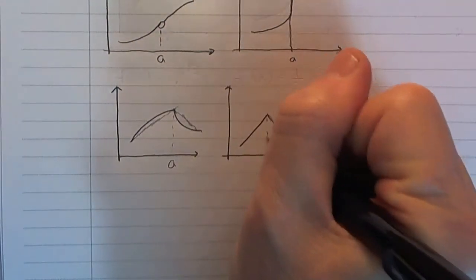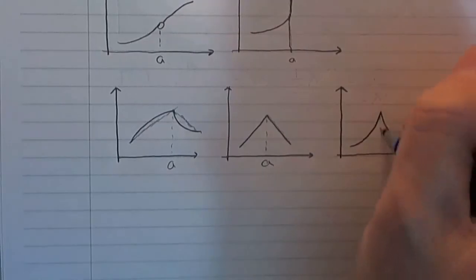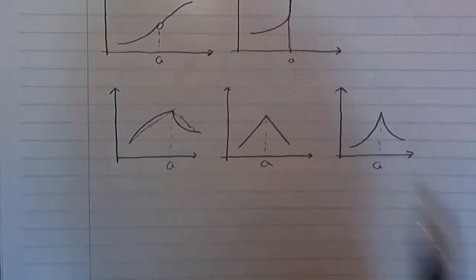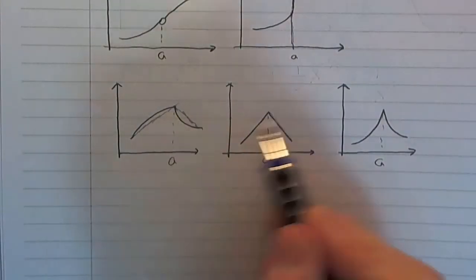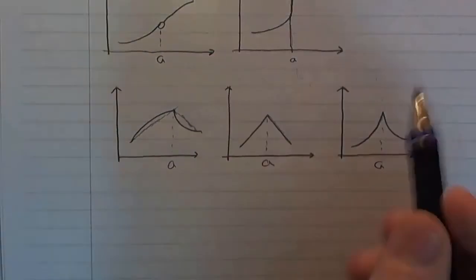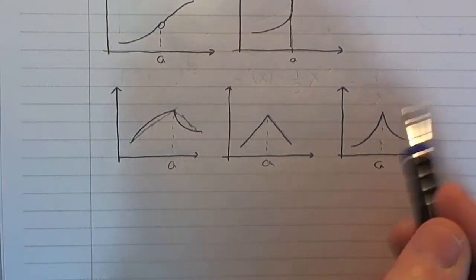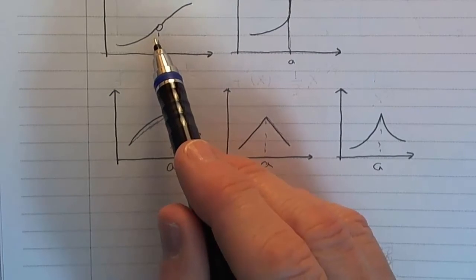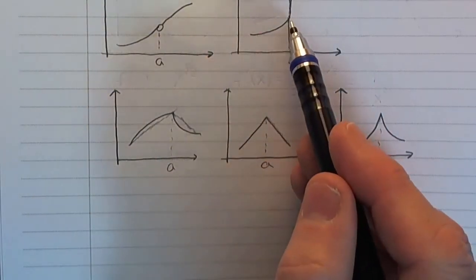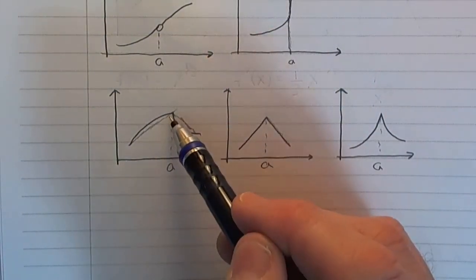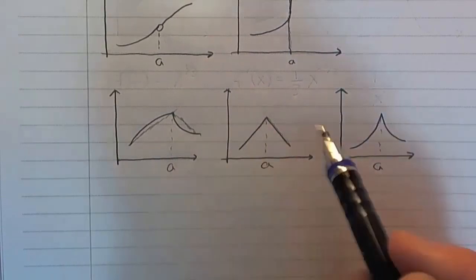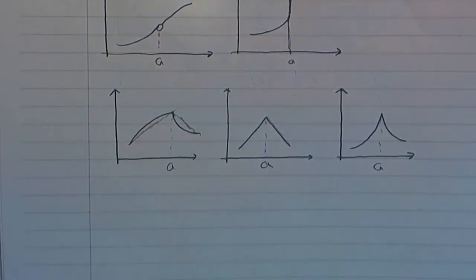And we'll say these are all at a. So these are all examples where you have sharp points. So when you talk about does the derivative exist, well, it's not going to exist at discontinuities. It's not going to exist at vertical tangents. And it's not going to exist at these sharp corners, these sharp points in the graph.